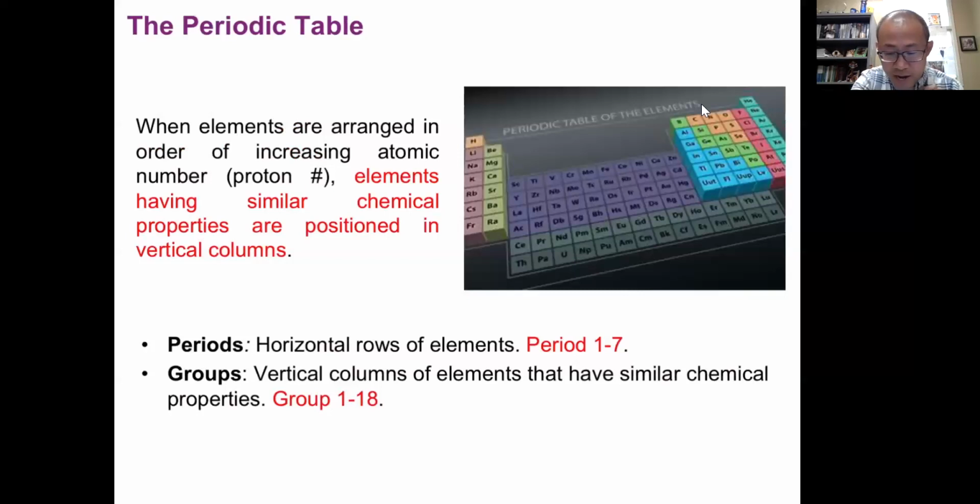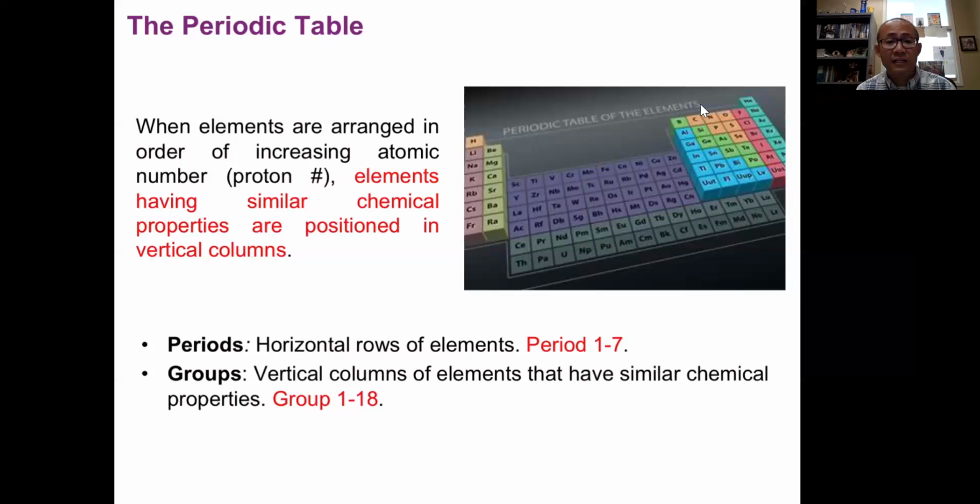After that, let's take a look at our periodic table. Like I said, we're going to introduce our periodic table briefly in this chapter, giving an overview of this table. You have a periodic table in front of you, and we know that periodic table already. The elements in the table are arranged in order of increasing atomic number, or number of protons.